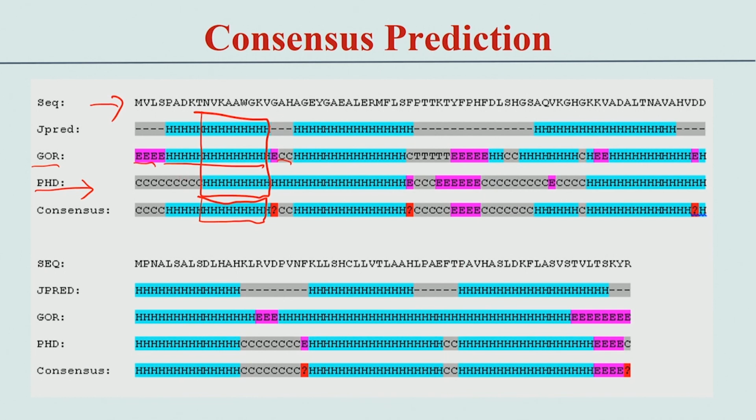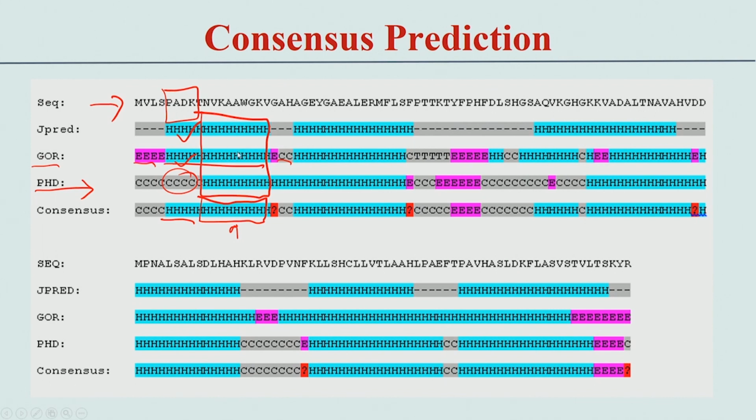Now in this other region, this predicts helix, this predicts helix, but this predicts coil. But if you take the majority voting, out of 3, 2 predicted helix, so we can take this as helix. But we should consider the confidence: this may be predicted with higher confidence than this region, because here the probability is less compared with this helical region.